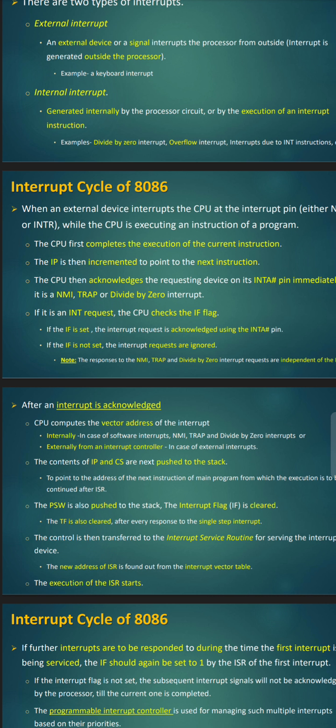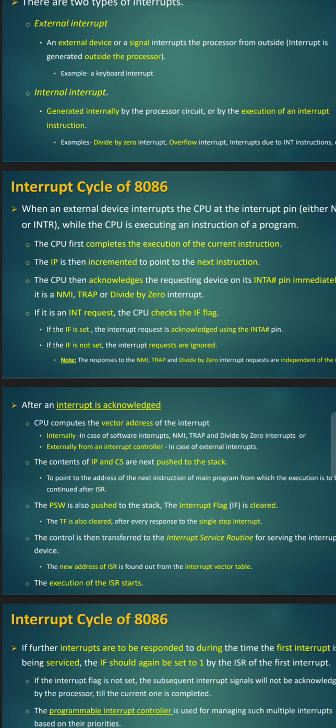If the interrupt flag is set to 1, that means the interrupt request is being acknowledged by the processor. And if the interrupt flag is 0, then the interrupt request is being ignored by the CPU. Once the interrupt is acknowledged by the CPU, the CPU computes the vector address of that particular interrupt.